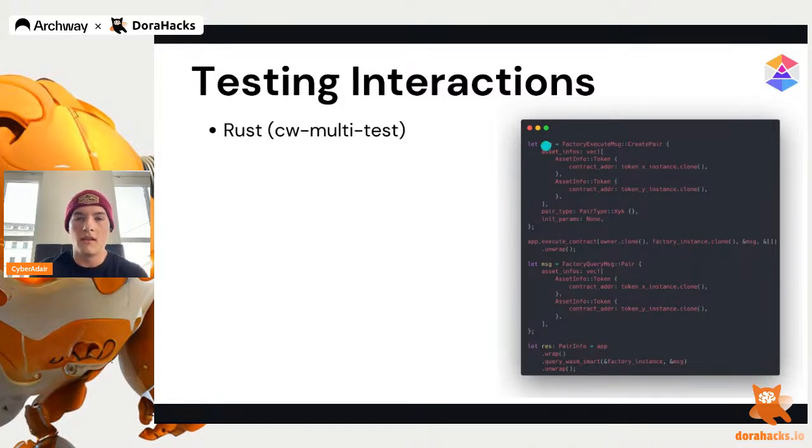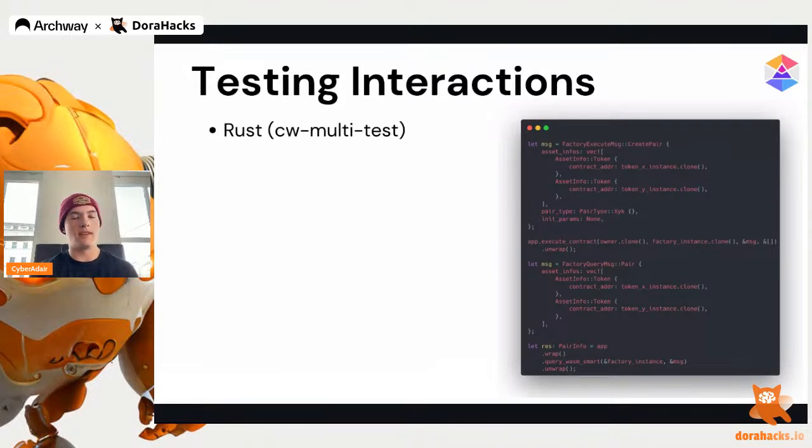We define the message that we want to execute, and then we have this app object that represents our environment, and we can execute the contract given the owner, the address of the contract, and the message that we want to execute. And same thing for querying. We create the query message and call it on the application as we do with the executions.